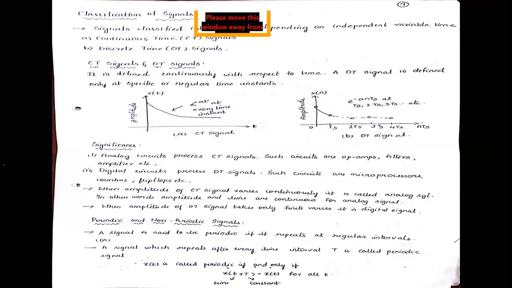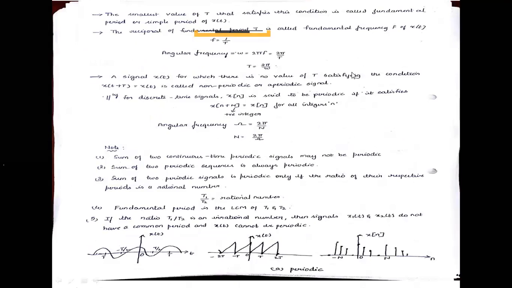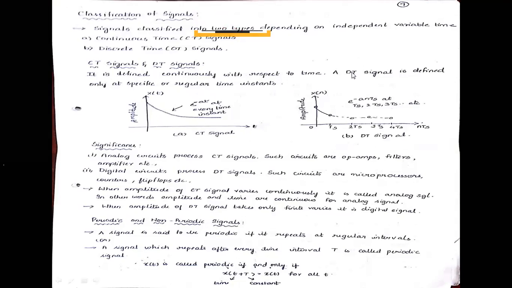After 90 degrees, from 90 to 180 degrees, the amplitude is also 1. From 180 to 270 degrees, the amplitude is 1, and from 270 to 360 degrees, the amplitude is also 1. Means for every 90 degrees, it repeats the signal.